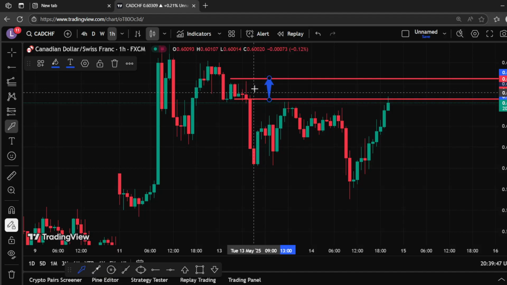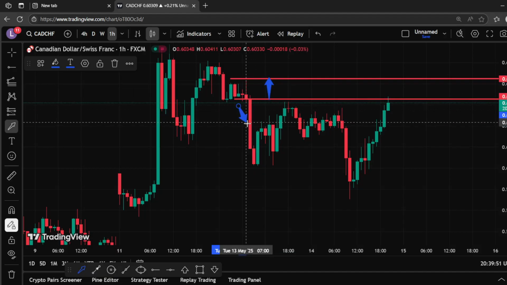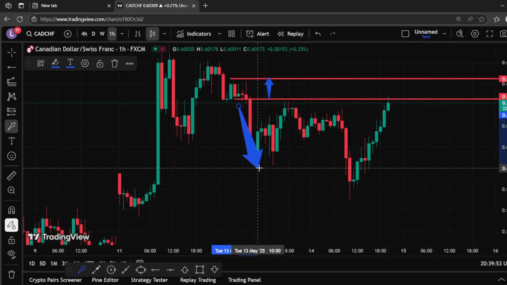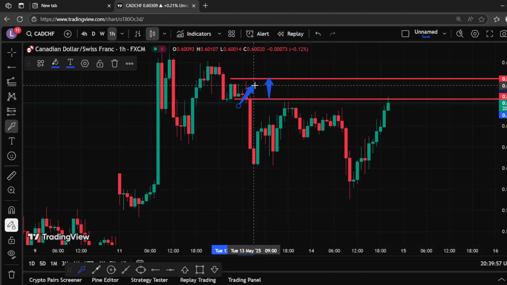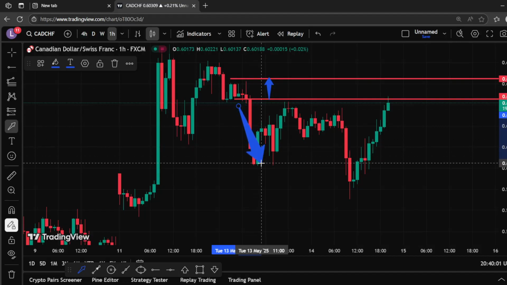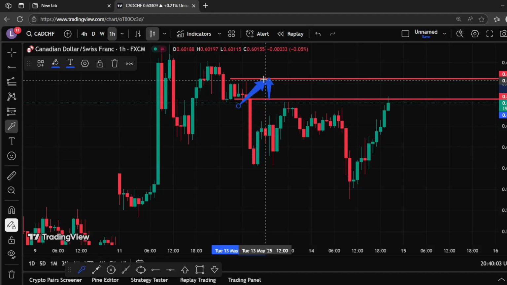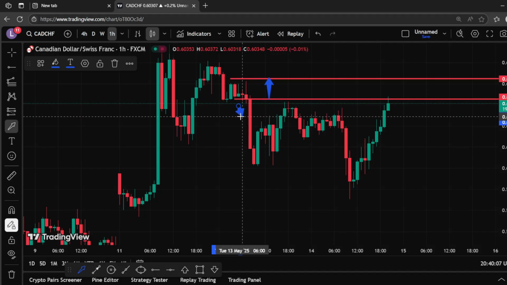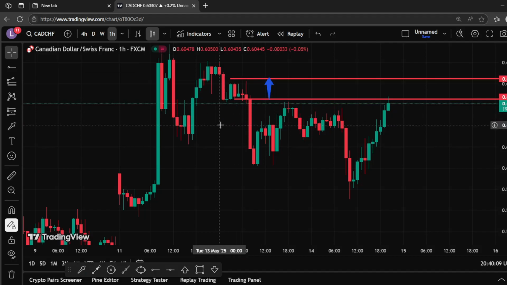Yeah, so this is my supply zone. Is this drop at least 2 times of this level? The answer is yes. Yeah, it is at least 2 times. So this drop down here is at least 2 times of these two red lines. All right, so that's the first criteria met.